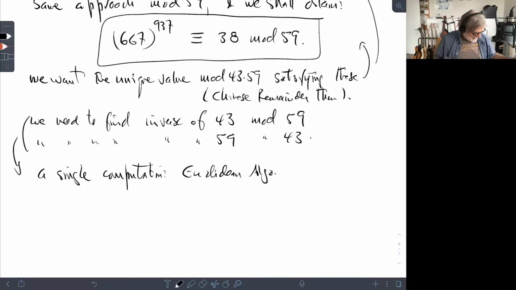So you never know. Okay, Euclidean algorithm plus backtrack.